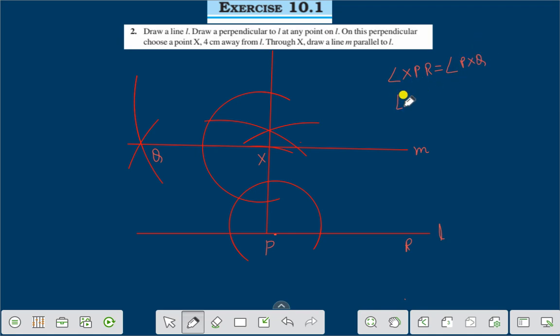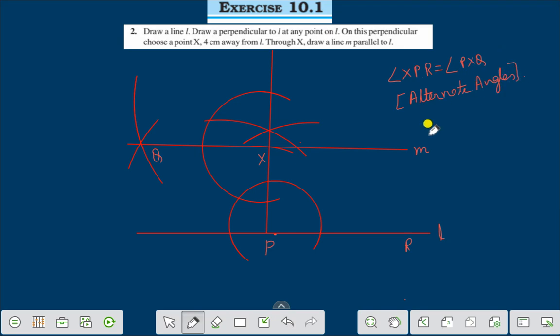These are interior alternate angles. Alternate angles.